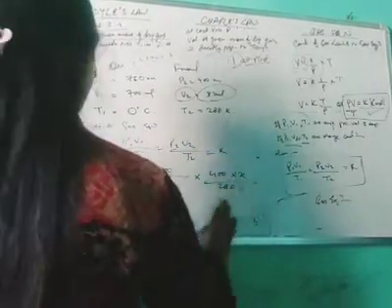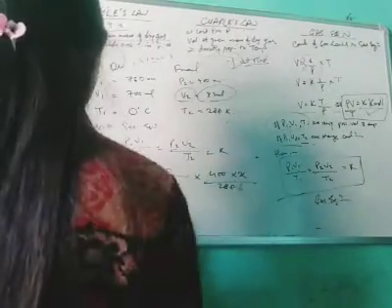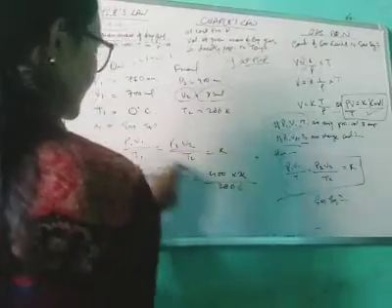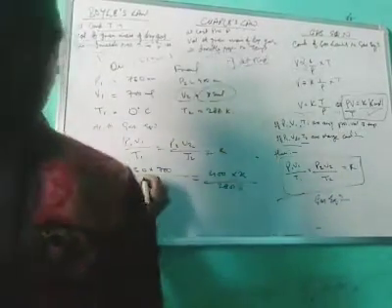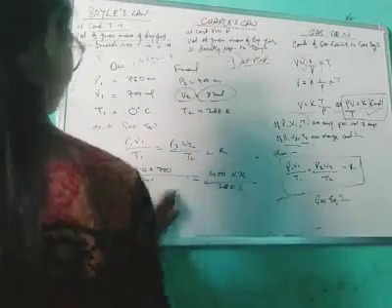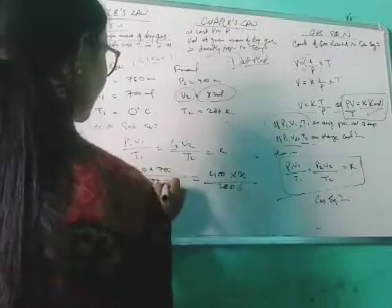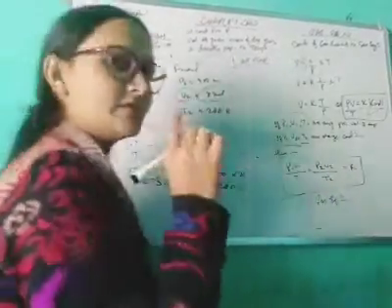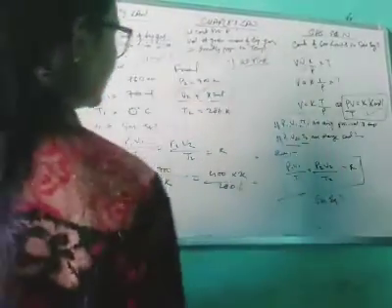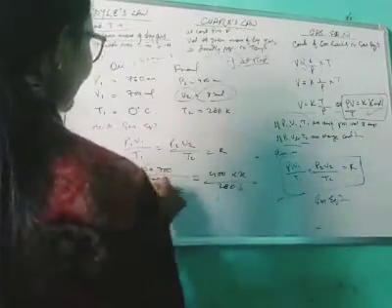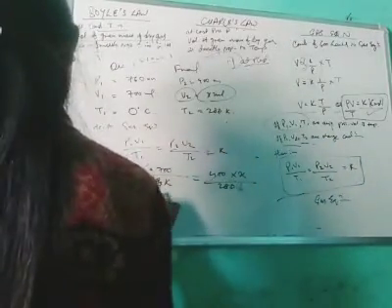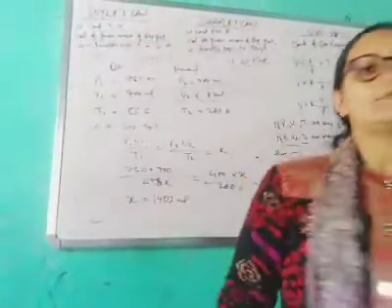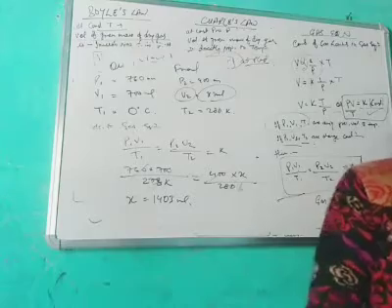Here T1 will be 273 Kelvin. We have to write it in Kelvin, because 0 degrees Celsius is always 273 Kelvin. Now just solve it, and we will get X equals 1403 ml. We just have to solve these numbers.